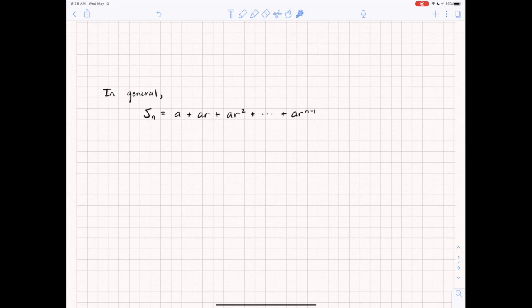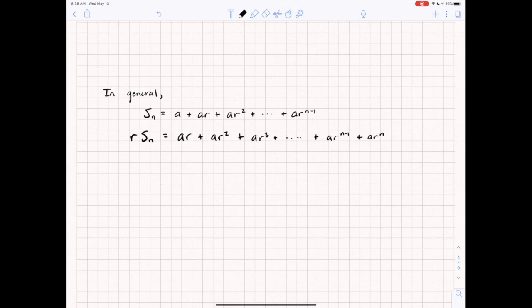Now, this is a geometric sequence, so to make it a series, we are adding every single term together. Now, if you remember from the process above, what I do is multiply the series by an extra r, whatever that may be. And when I do that, it's going to shift each term to the next power on r.